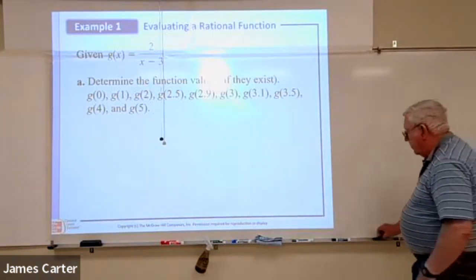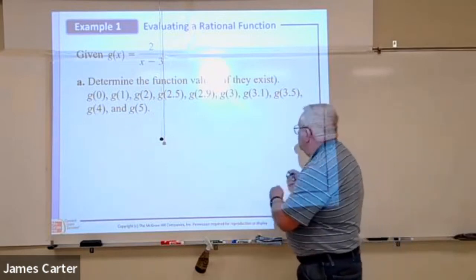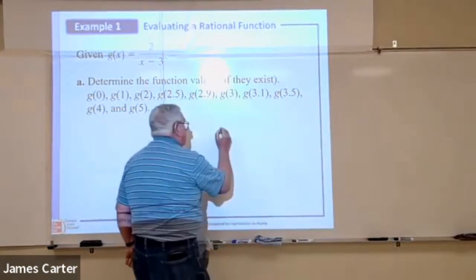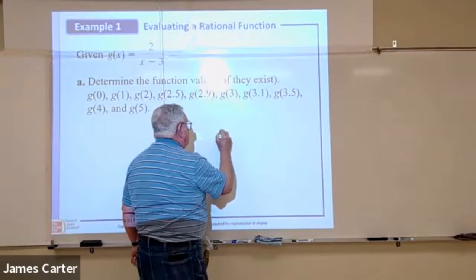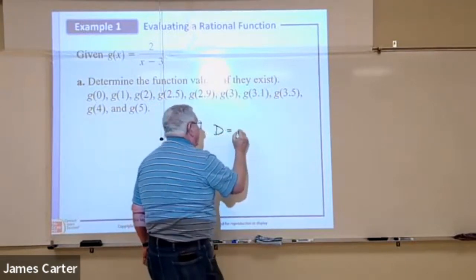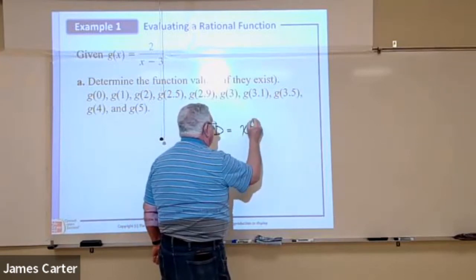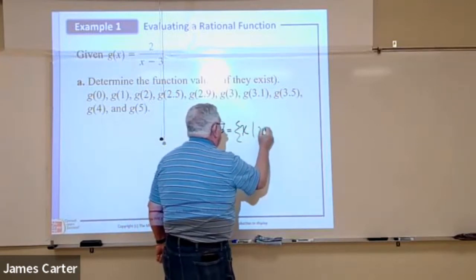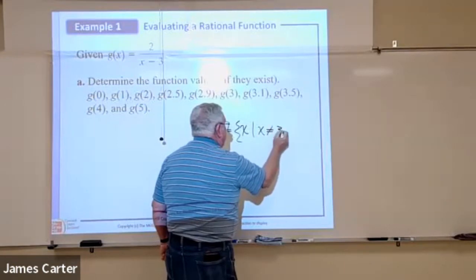Now, how could you express that? There are two ways you could express it. You could express it in set notation. Okay, the domain equals the set of x values such that x is not 3.